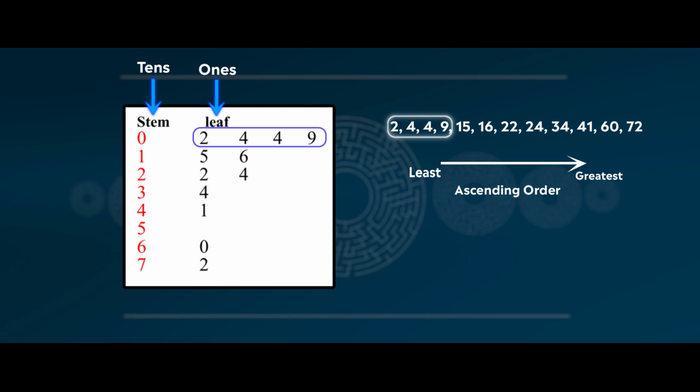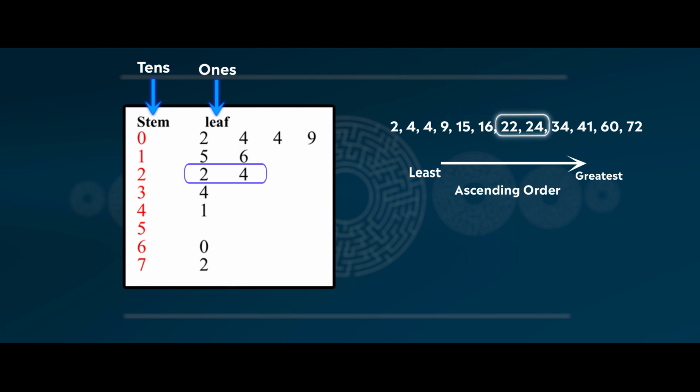So let us look at 1. In the stem 1 you have the numbers 5 and 6, because remember we had the data values 15 and 16. So for 15, you will have 1 in the stem, and you will write 5 in the leaf and 6 in the leaf.